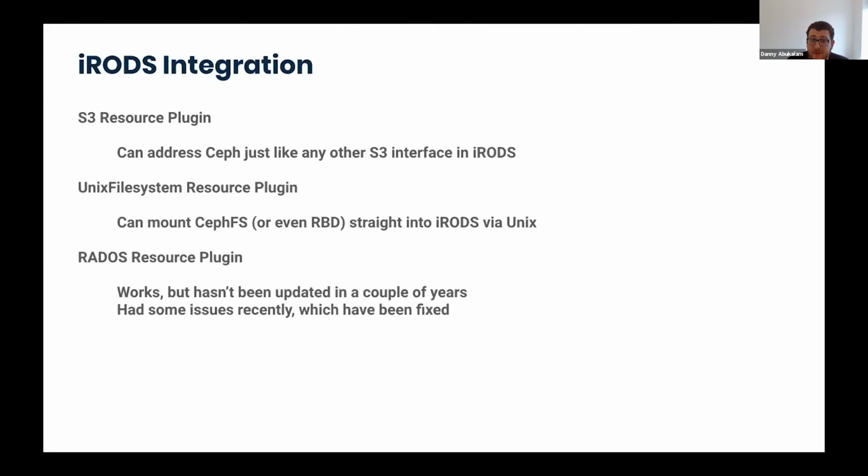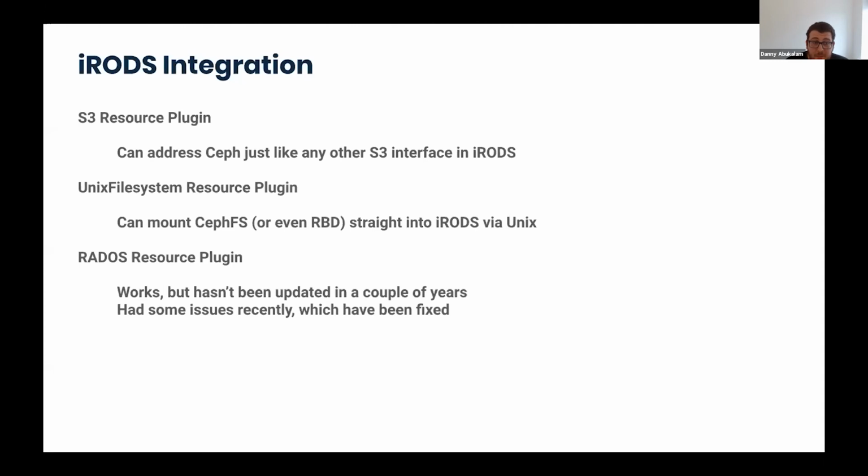We can address Ceph's RADOS Gateway just like any other S3 service, and it's worth noting that the RADOS Gateway has fairly good support of the S3 API across the board. So this could be the most attractive way to immediately test Ceph with iRODS.